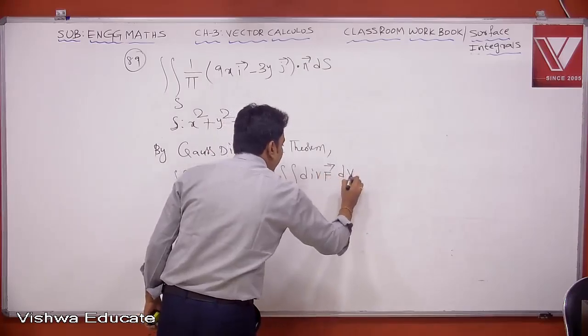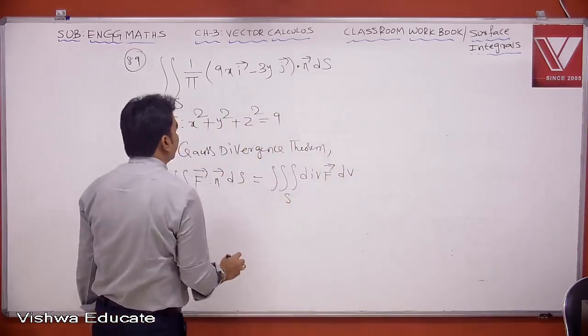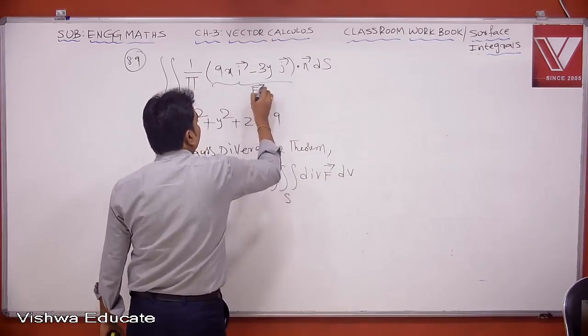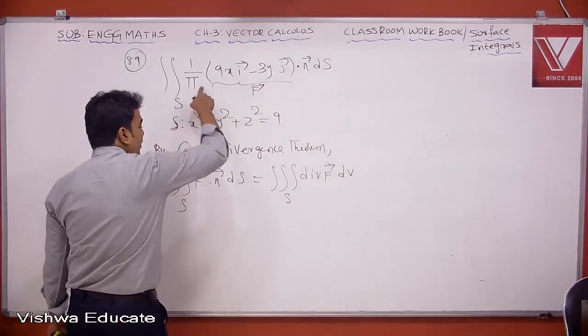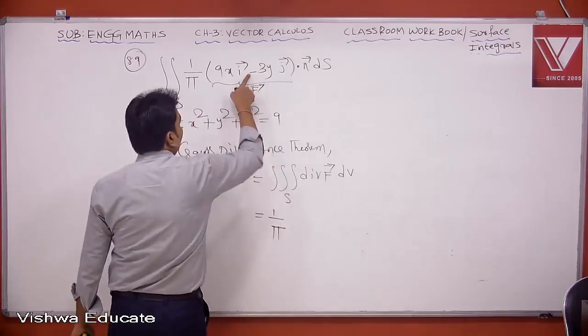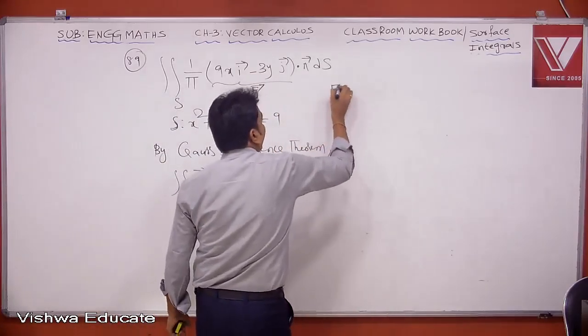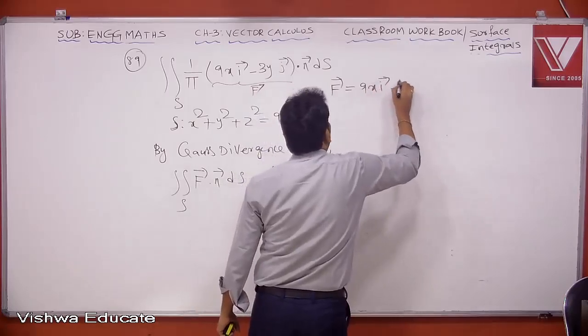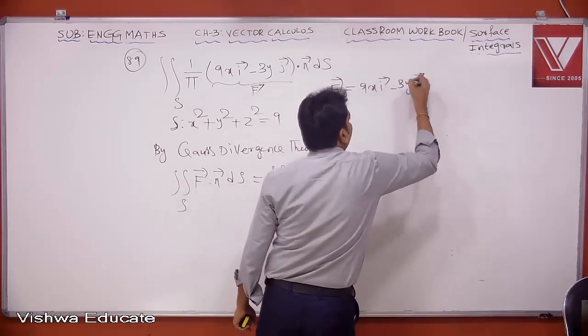So triple integral divergence f bar dV over S. Already 1 by pi is there. Therefore this is 1 by pi into the divergence of this vector. What is my vector f bar? F bar is 9x i bar minus 3y k bar.